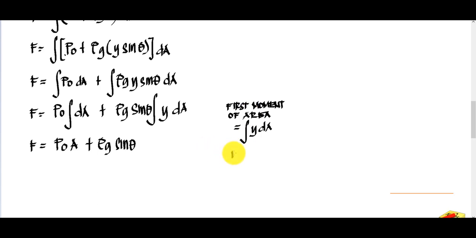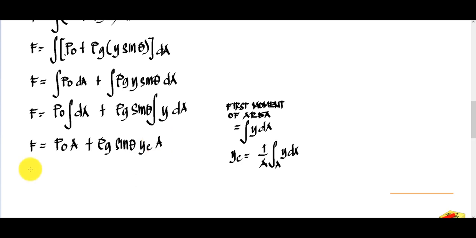your yc, which is equal to 1 over your area times the integration of your y differential area. Then substituting that one, we have now your yc. So we're going to attach here the yc to the equation, then multiply by the area, so we can factor this one out.